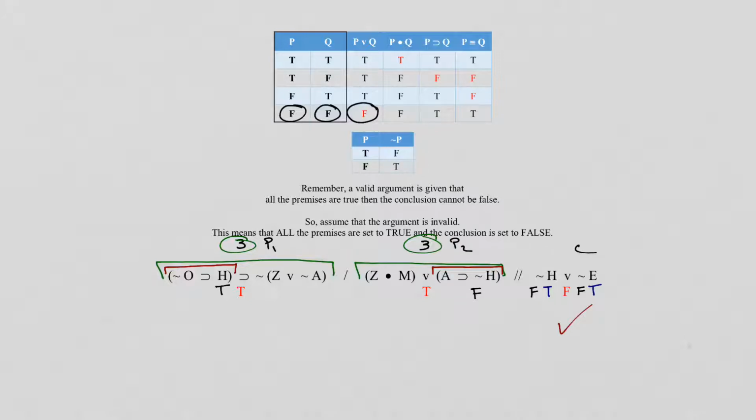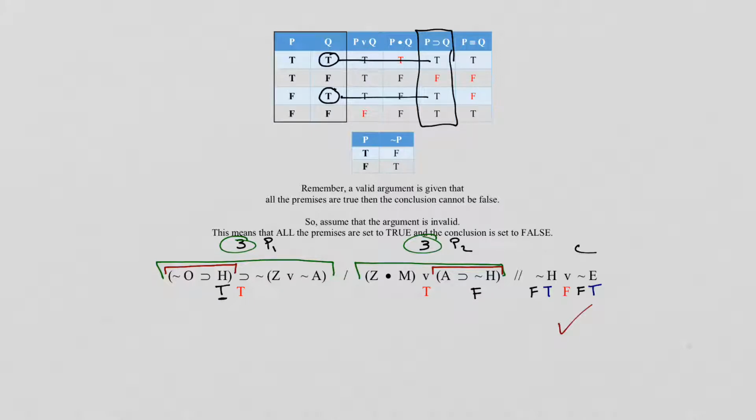For the first premise, we know that we have a conditional statement, which means we are over here. We also know that the T is in the consequent position. So that's going to be right there, and that's going to be right there. Now we ask ourselves, are they consistent?